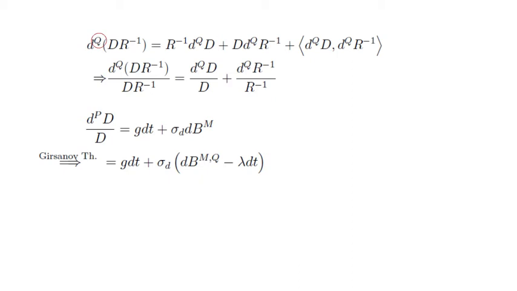That's what we do here in the second equation. So we put the lambda dt into the drift part, and we see that g minus sigma D lambda dt plus sigma D times dBm under Q coincides with the dynamic of dividends under P. But now here it's represented under the Q risk-neutral pricing measure.